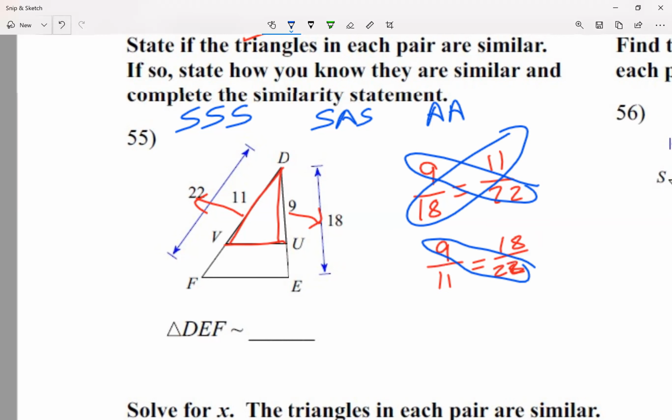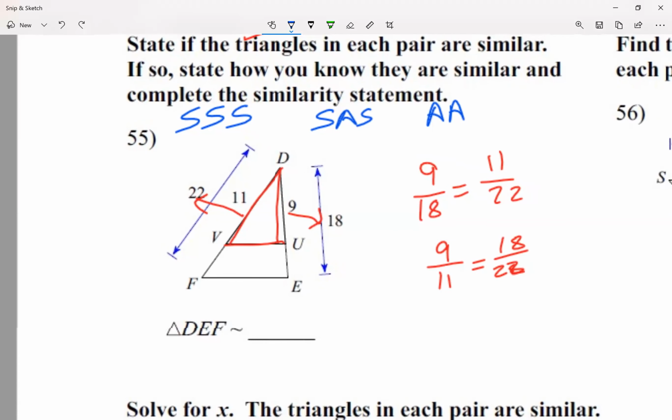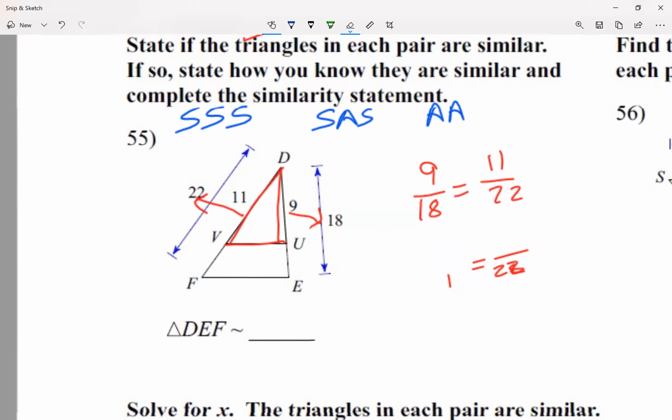All right, so let me erase this real quick. I only need to do it once, right? So I'm going to just have it here. So as you guys saw, I can cross multiply 9 times 22, 18 times 11. If I get the same result, then these 2 sides are proportional.